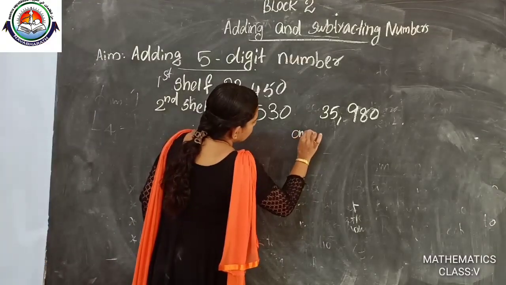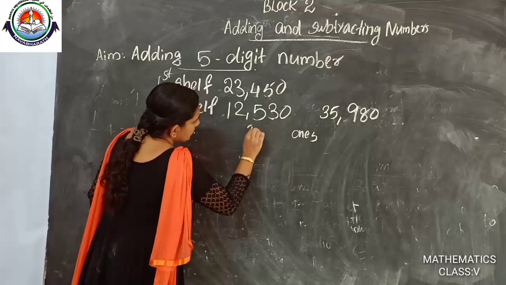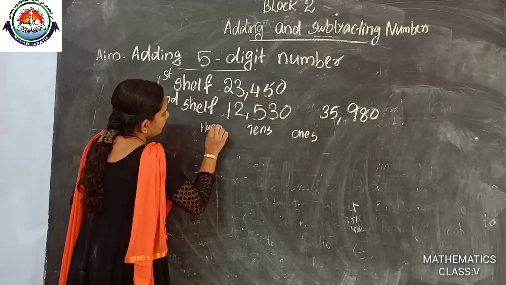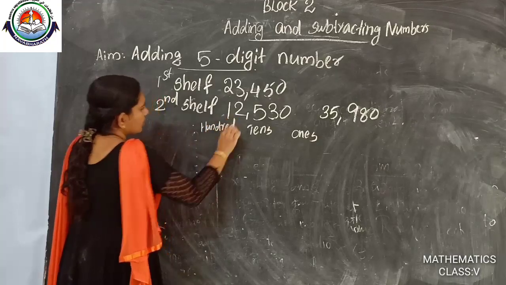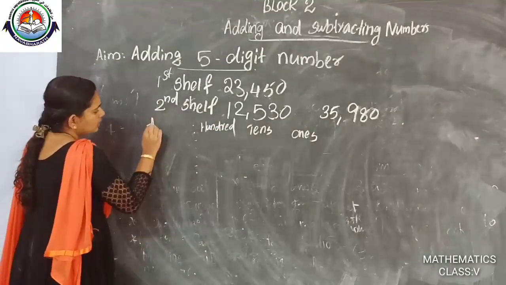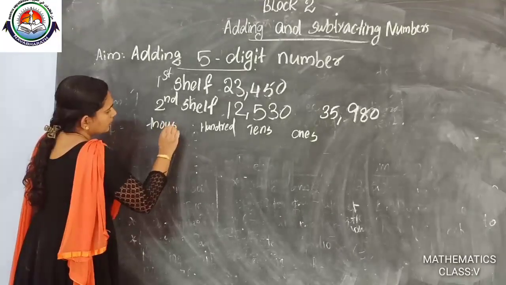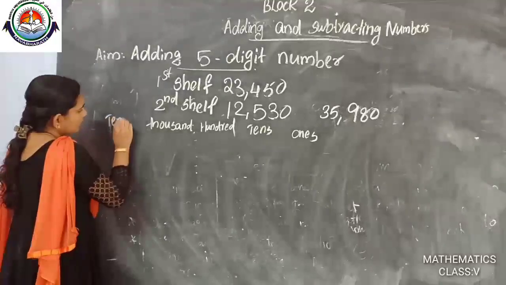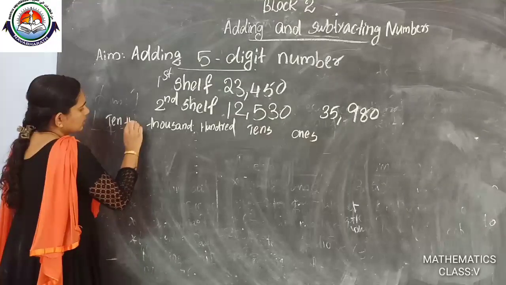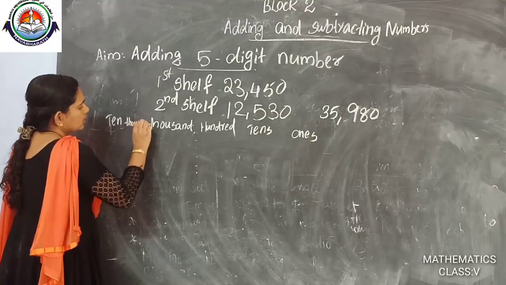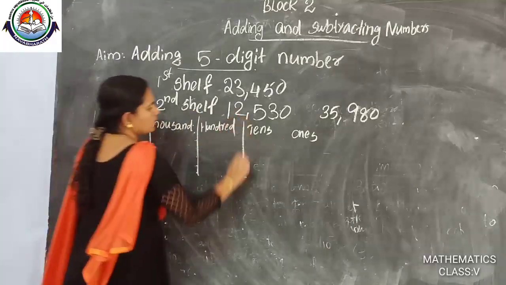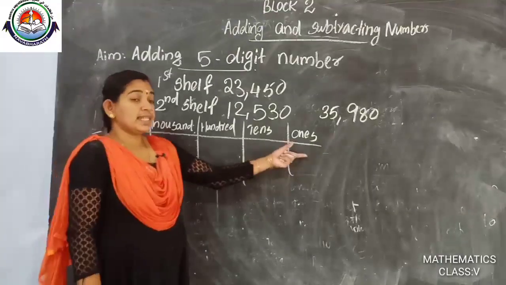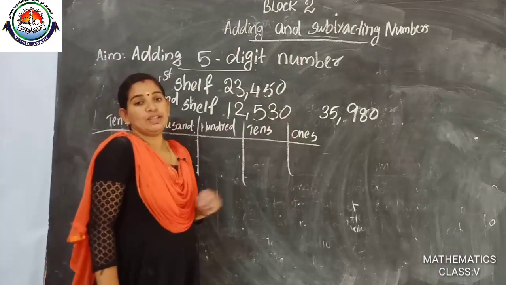Ones, tens, hundreds, thousands, ten-thousands. We are placing the numbers in the place value chart.